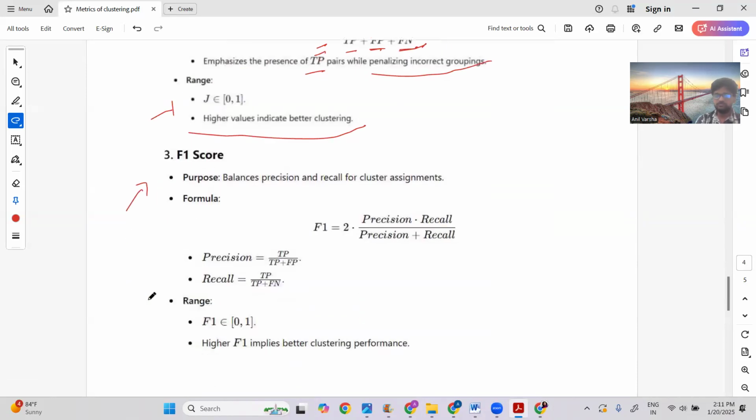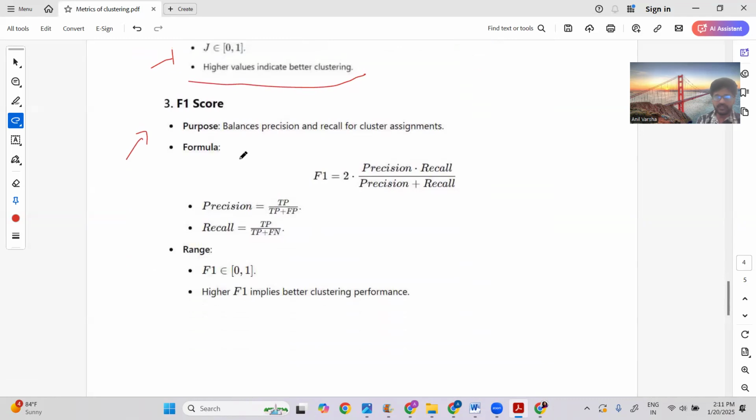F1 score. Before we get into the F1 score, there is something called precision and recall. Precision is equal to true positive divided by true positive plus false positive. Recall is true positive divided by true positive plus false negative. The F1 score is equal to 2 times precision times recall divided by precision plus recall.